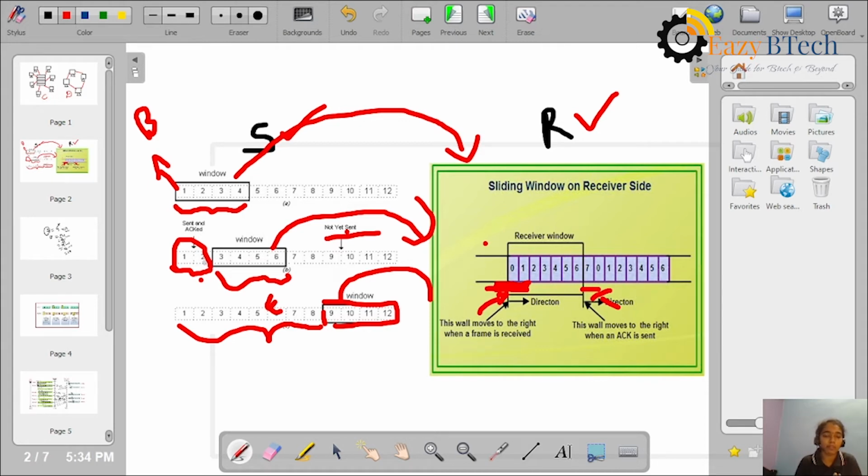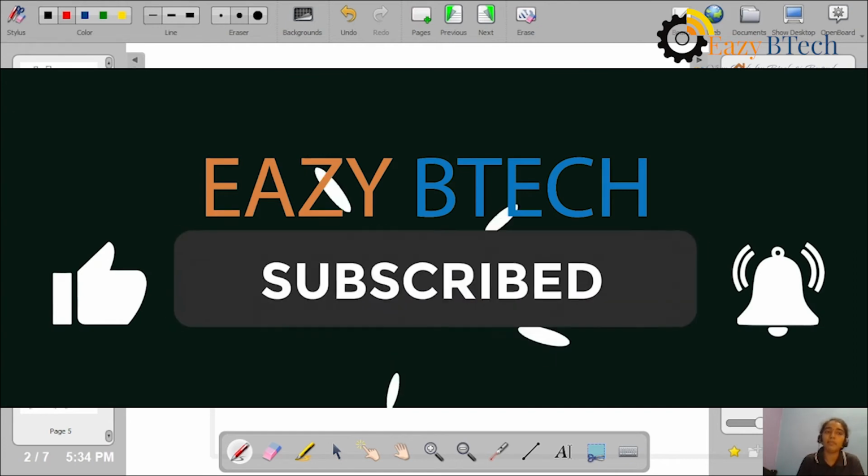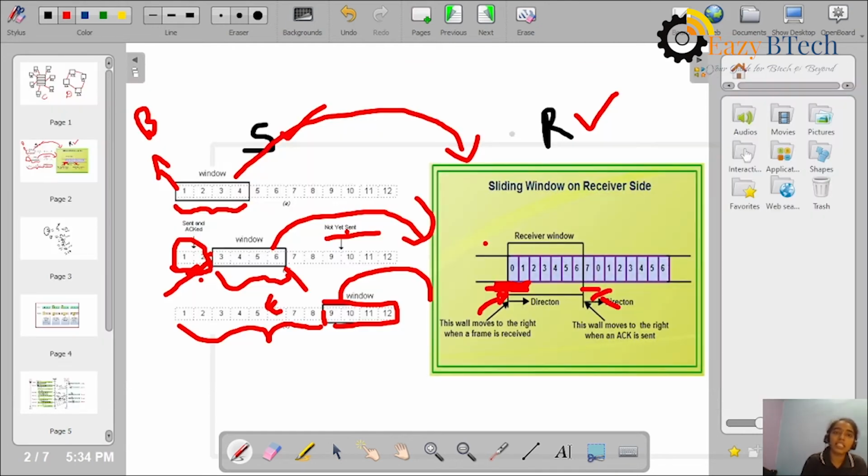Whenever the sender gets an acknowledgement for those frames, it will move from left to right. On the receiver side, whenever the particular frames are received, it will move from left to right. That is the simple difference between the sender and receiver. This is the sender type sliding window and the receiver type sliding window.